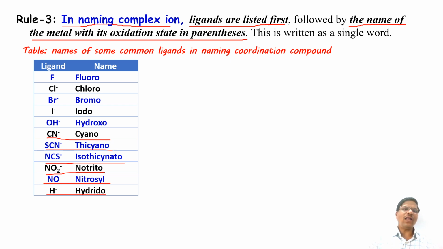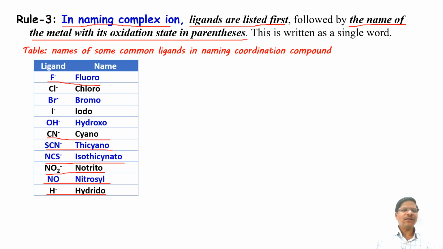Okay, so all these are monodentate ligands, and depending on the name of the anion, the name of the ligand is decided. So fluoride, fluoro: the suffix IDE is replaced by O. Chloride, IDE replaced by O, chloro. Like this, bromo, iodo.